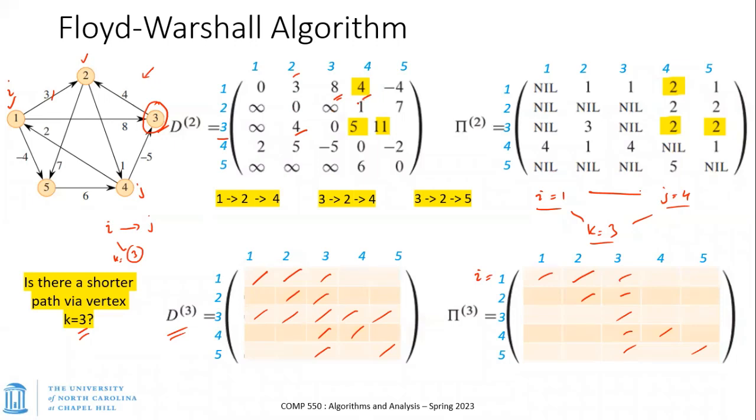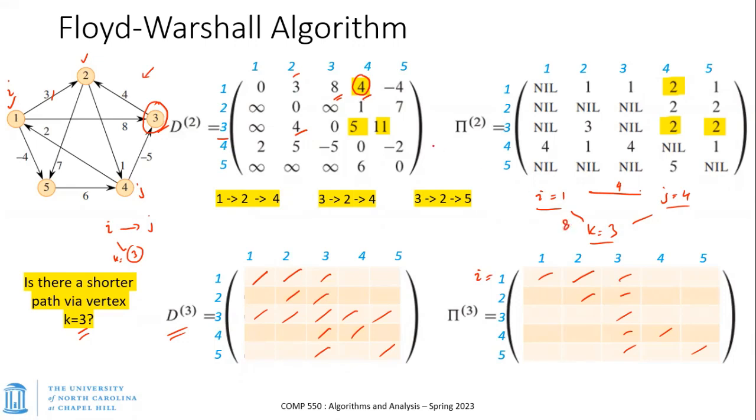Did I have the earlier one right? I just erased it, but in any case, that didn't change. But now we're saying i from 1 to 4 by going through 3. So currently the distance is 4, right, 1 to 4 is 4. And going through 3 would imply that you go to 3 first.